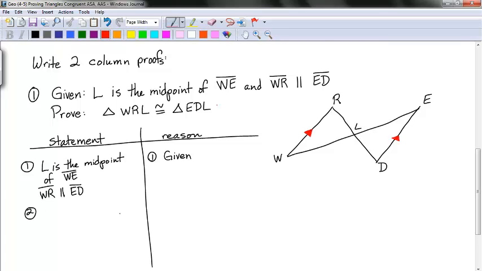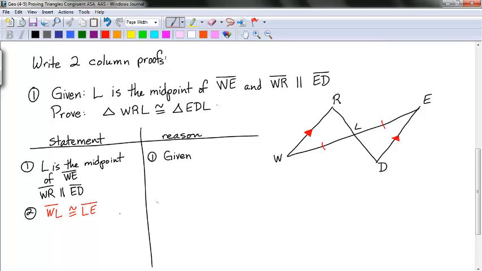So on this one, the next statement, I ended up saying WL is congruent to LE. So WL, because L is the midpoint of WE. It's the midpoint of this one. So that makes this WL congruent to LE.